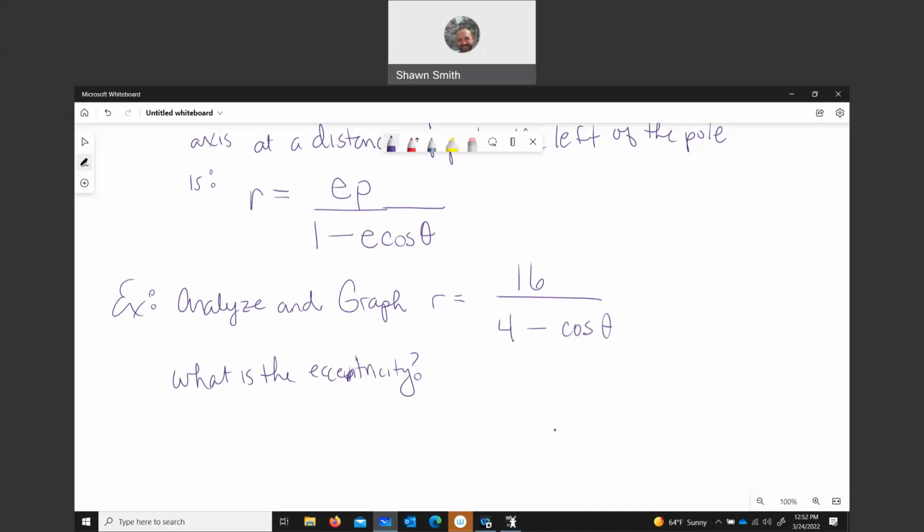So it says e, was that going to be a 1? No, it always must lead with 1 minus e. Okay, so I'm going to change this equation by saying r is equal to 16. I'm going to divide everything by 4 so that I get that leading term in the bottom to be a 1.